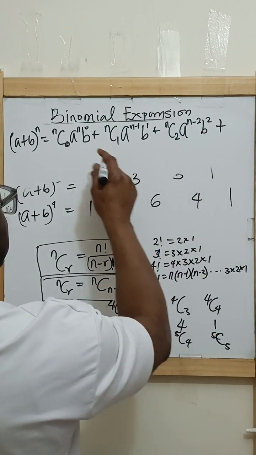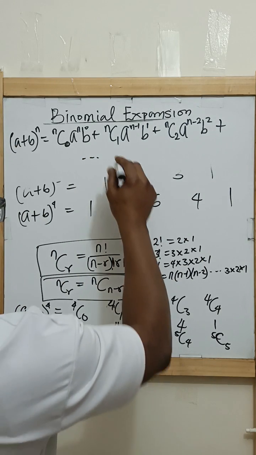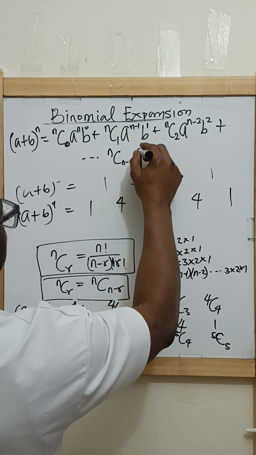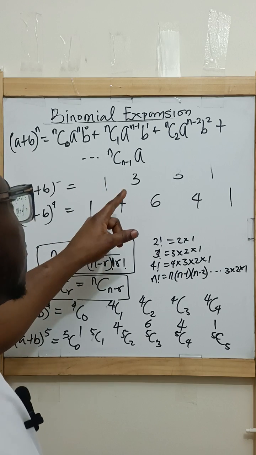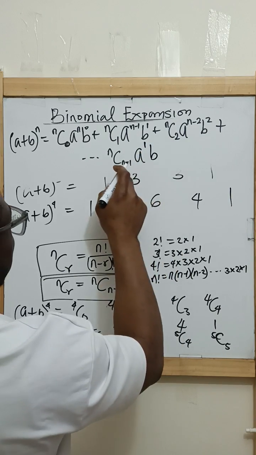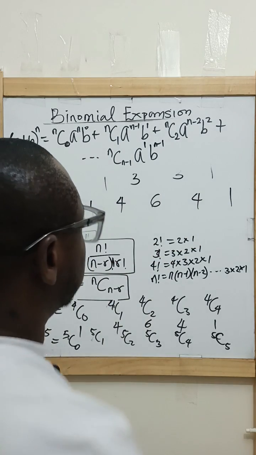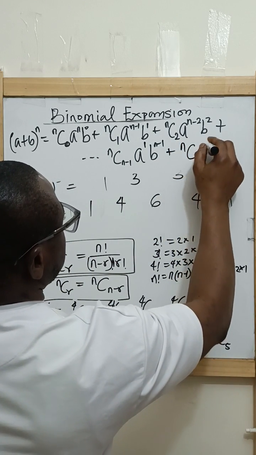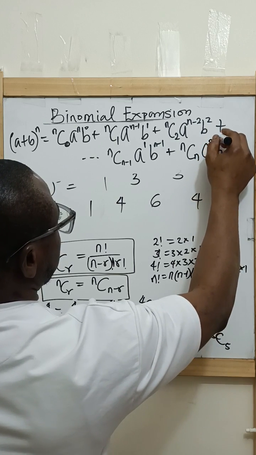Let's go to the second to the last term. That will be nC(n minus 1), with a raised to power 1 and b raised to power (n minus 1). Then the last term is nCn, which is a raised to power 0 and b raised to power n.